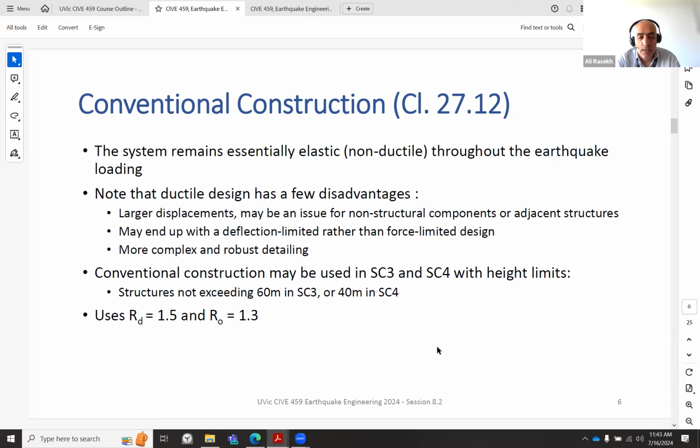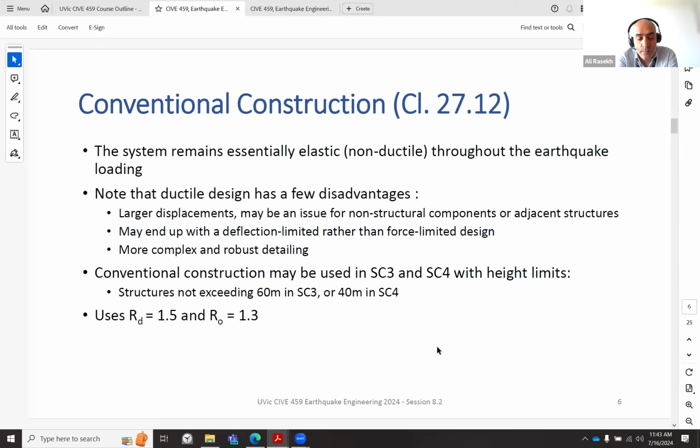Another challenge is that the ductile structure may end up with a deflection limited rather than force limited design, in a way identical with the first item. You design your ductile system, but because of the limitations in deflection that you want to apply at the end, you practically make your structure less ductile and lose the advantages of the ductile system.